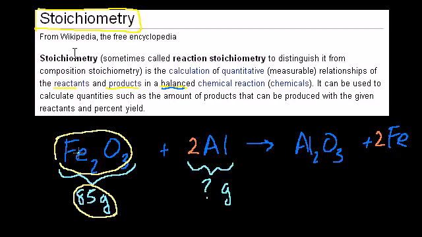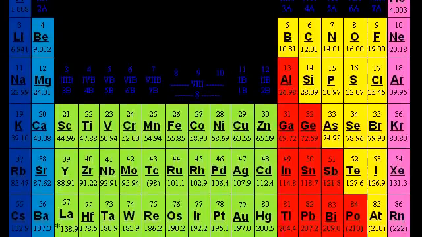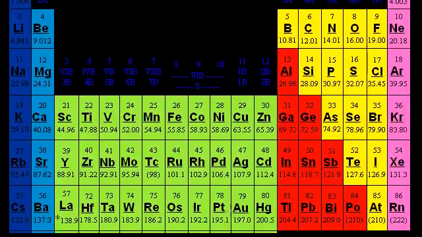So what's the atomic mass, or the mass number, of this entire molecule? Let me do it down here. We have 2 irons and 3 oxygens. So let me go down and figure out the atomic masses of iron and oxygen. Iron is right here, 55.85.